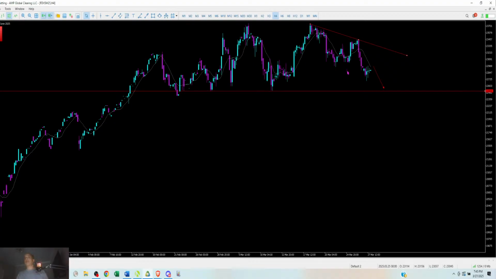But as long as it's in this range, if I trade it, I'm going to be very conservative on my profit targets, because I really don't like sideways price action like this, and we've been sideways essentially since about the middle of February.